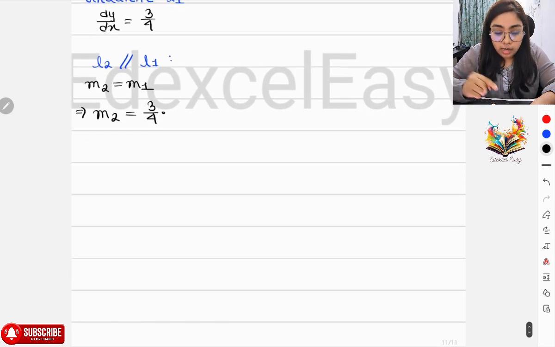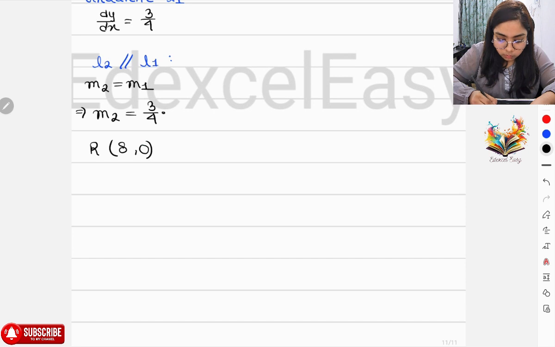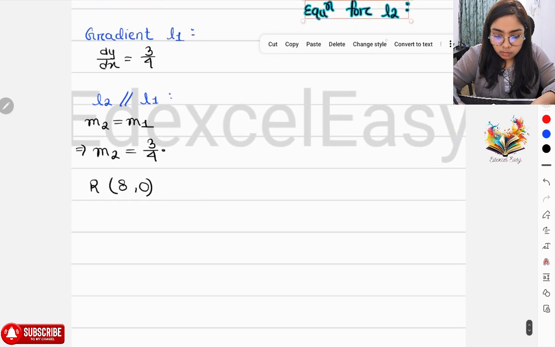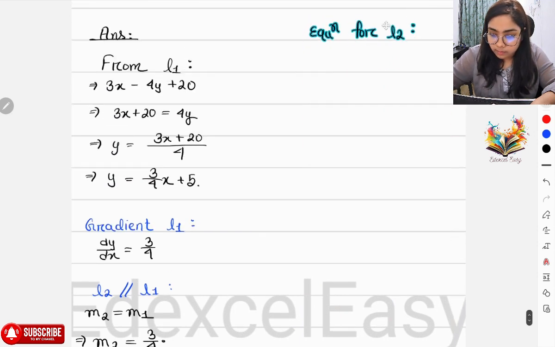Now, in order to find the equation for a straight line, I have one gradient and one coordinate, which was 8 and 0. To find the equation for straight line L2, this is the equation I can use: y minus y1 equals m times x minus x1. Right, so let's write it down over here.